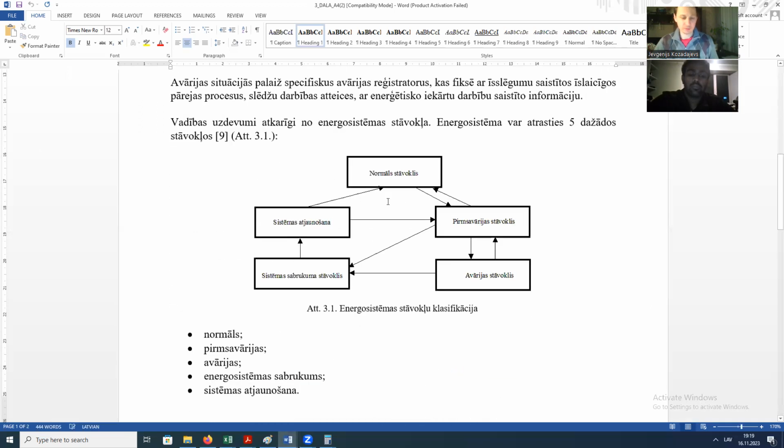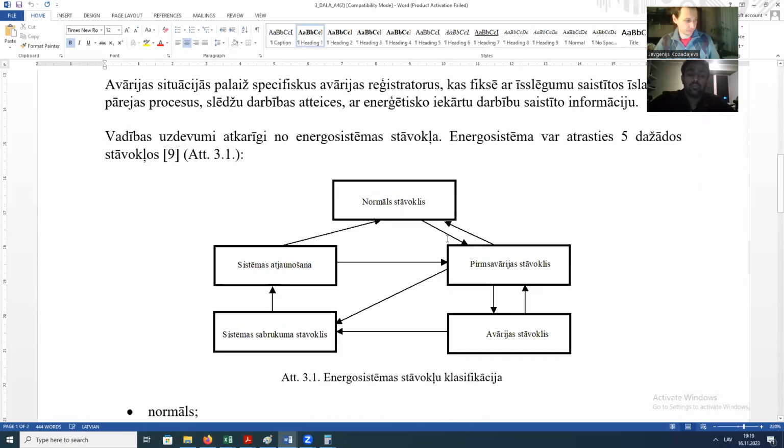Okay, there is a scheme of operation modes, of operation regimes. So normal operation regime, operation mode, then everything happens, yes? If we have some problems, for example, with some faults on transmission lines, some disconnection, and so on, we go to the pre-fault regime.